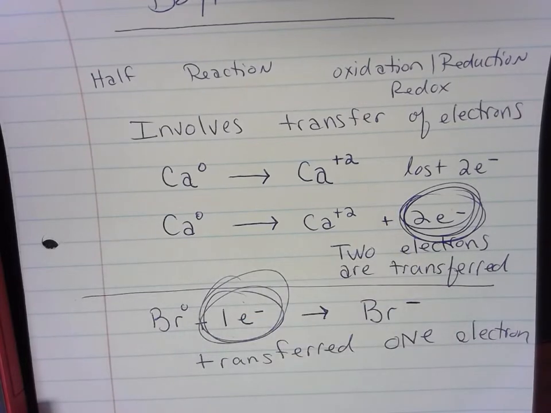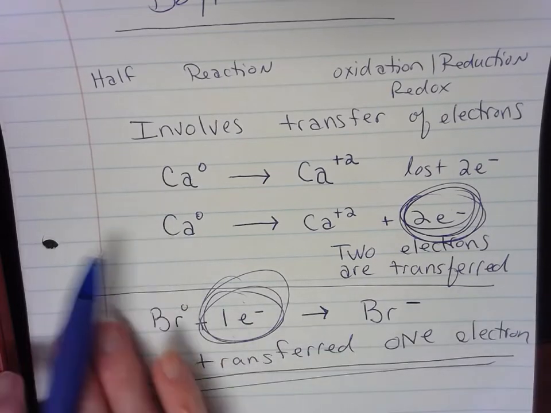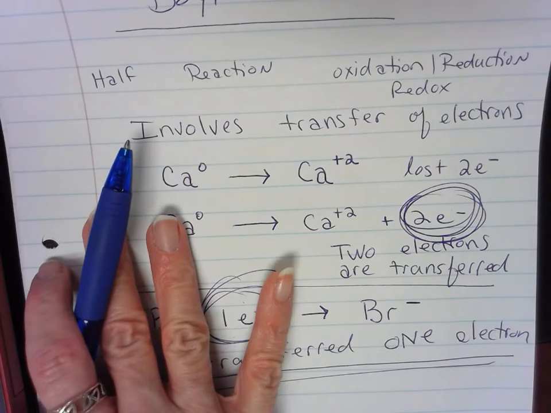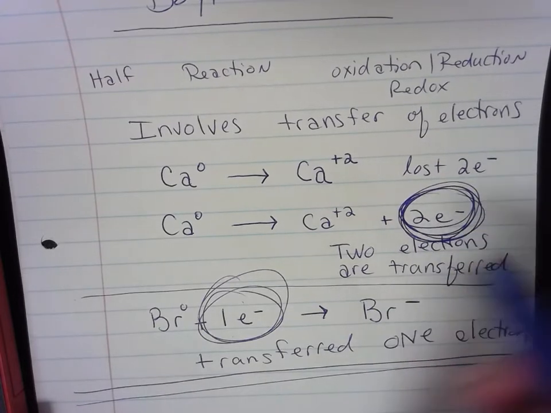So, this is a very, very complex thing whenever you put it with all the other stuff that goes with it. But we are not doing super hard reactions on this test. On this test, you will probably just be asked to know how many electrons are transferred. And one more time, the way that you know how many electrons are transferred, you just look in front of your electron sign. In this case, you've transferred 2.